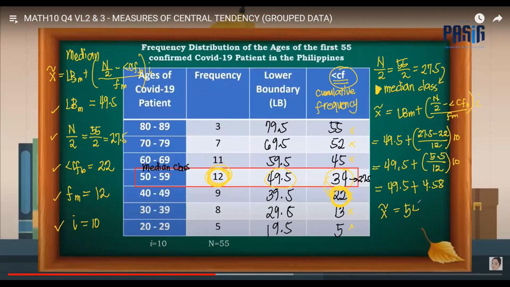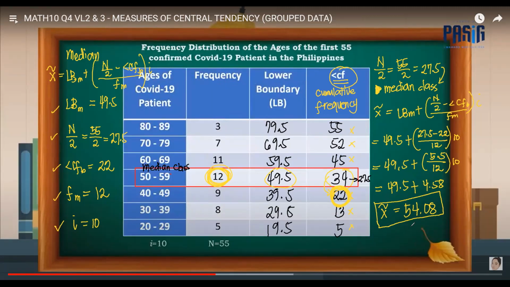Correct. That is 54.08. So the median of the ages of the first 35 confirmed COVID-19 cases in the Philippines is 54.08.